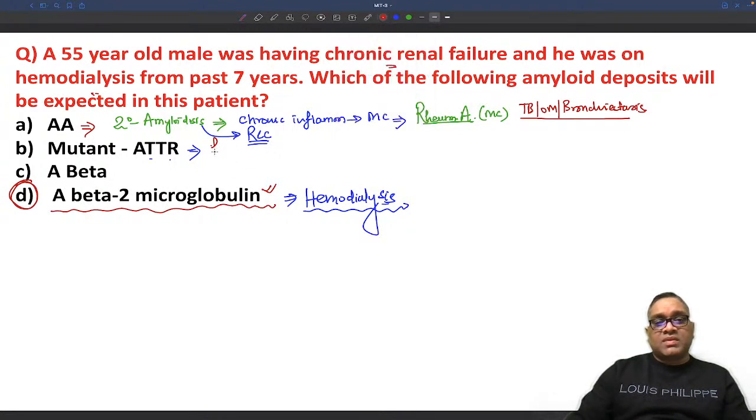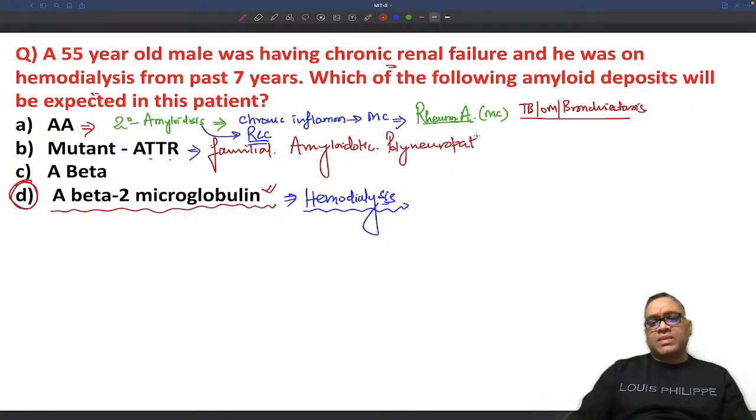So please remember, this will be seen in familial amyloidotic polyneuropathy, right? You are going to see the mutant transthyretin. And A beta, can you tell me A beta will be seen in which disorder? Anybody?